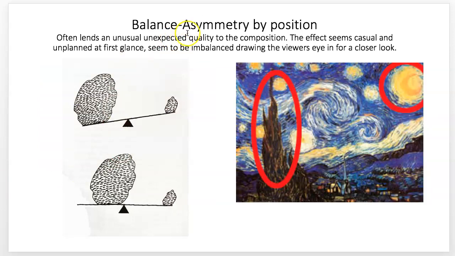This would be asymmetrical balance by position. So you can kind of imagine a rock on a seesaw. It has an unusual, unexpected quality. It can seem casual, but it actually draws the viewer's eye for a closer look. It makes it interesting.